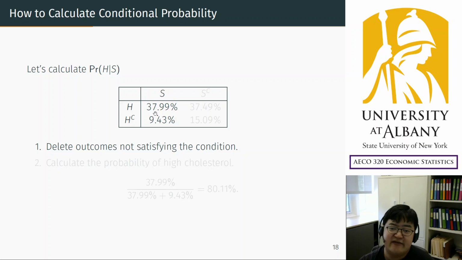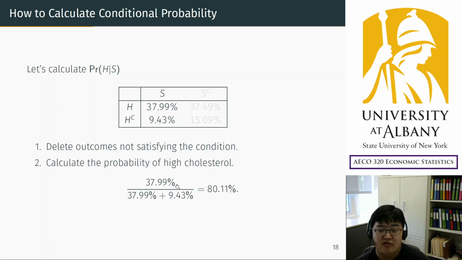So there are 37.99 observations in our data that satisfy this main event. So then just calculate the ratio. It's exactly the same algebra as if you are using frequencies, right? So in the end, we have 80.11%. So among those who have smoked before, more than 80% have high cholesterol, right?